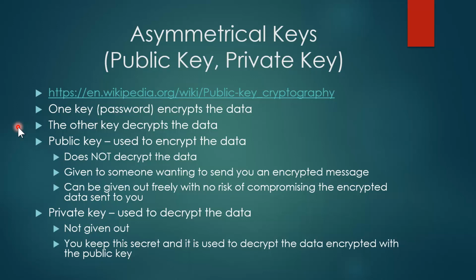You can publish it on your website, you can email it and say, here is my public key. Somebody else can encrypt that data and send it to you, and then you decrypt it with your private key. So the public key does not decrypt the data. Give it to anybody you want. No risk, no compromise. You can put it on key servers. And then the private key is what decrypts it.